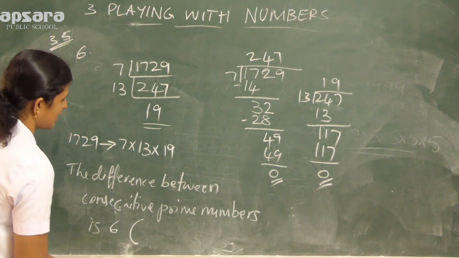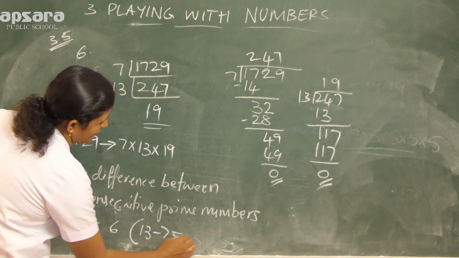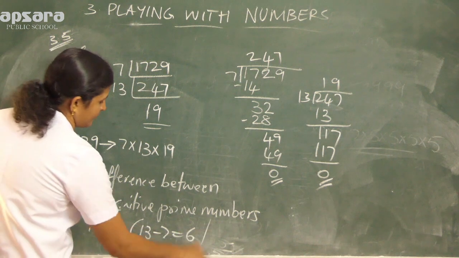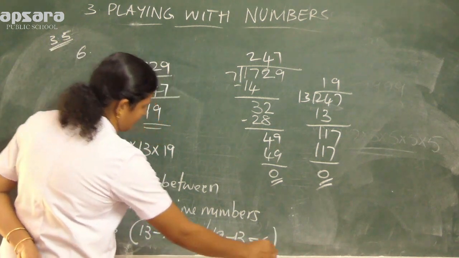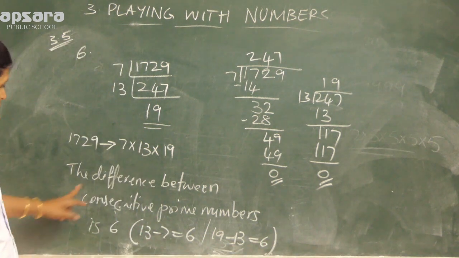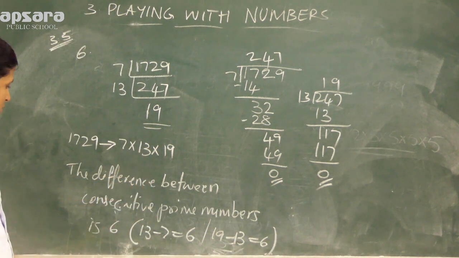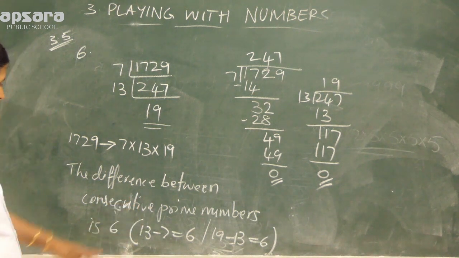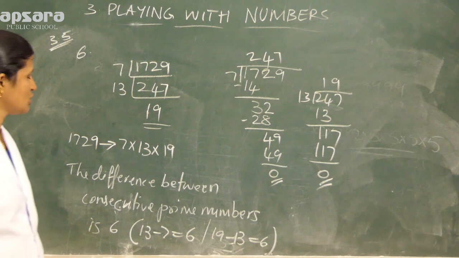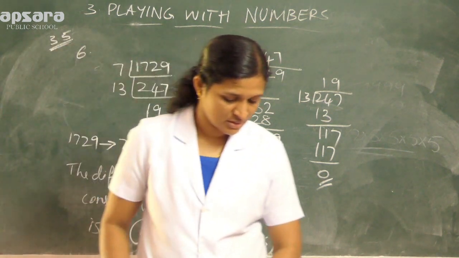In brackets you can write 13 minus 7 is equal to 6. Next, 19 minus 13 is equal to 6. The difference between consecutive prime numbers is 6. Okay children? Yes.